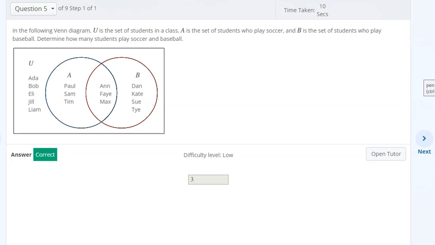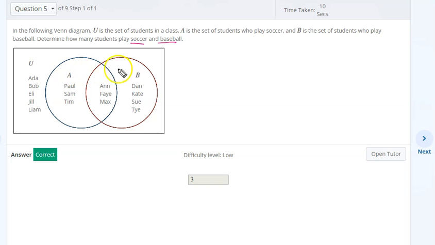This one, a little easier. Here's our Venn diagram of people in a group. Some are in set A, some are in B, and some are in both, and some are in neither. What are they asking here? Determine how many students play soccer and baseball.